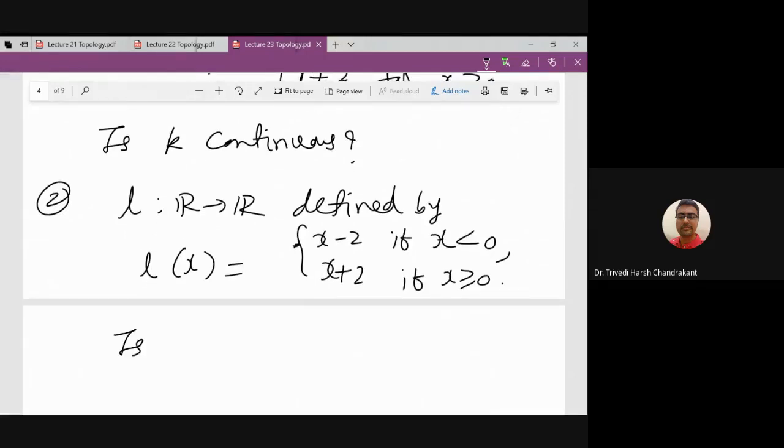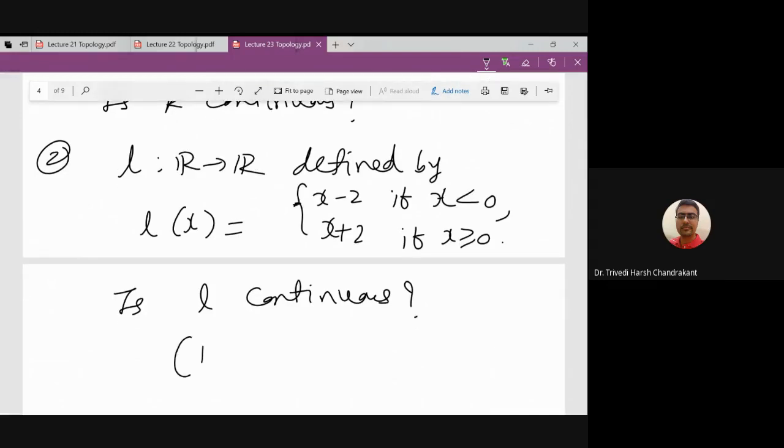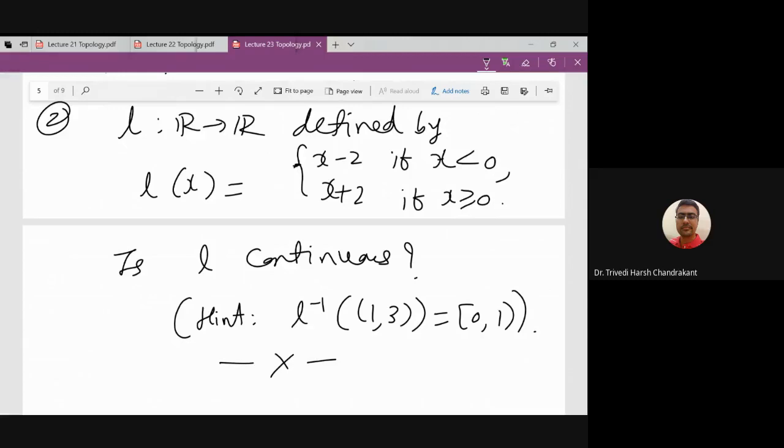So is L continuous? Here the hint is that L inverse of the open set (1,3) is (0,1). Okay, so this is what I wanted to discuss today.